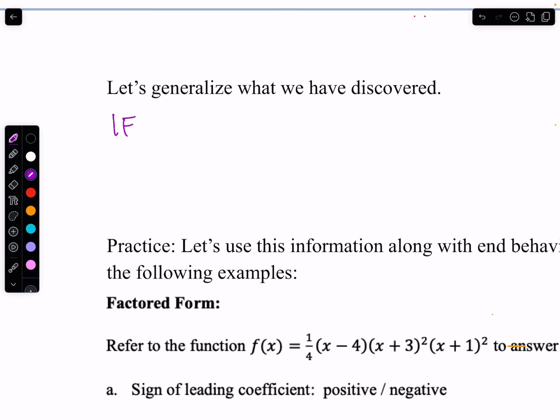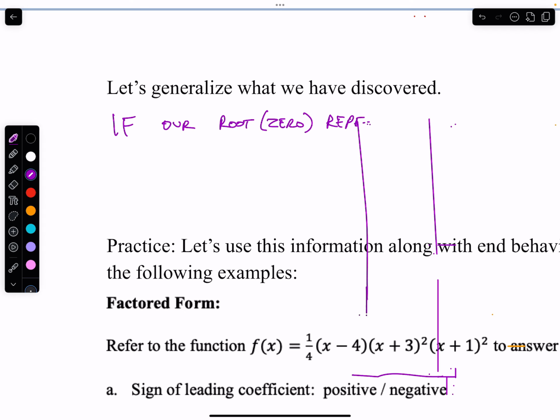So we're going to say that if our root, or remember that means the same thing as 0, repeats, these are called repeated roots.